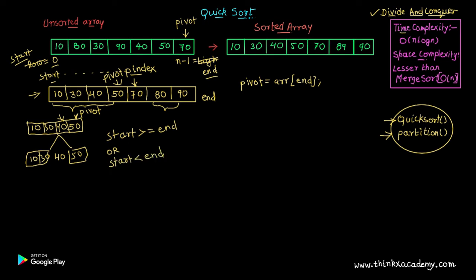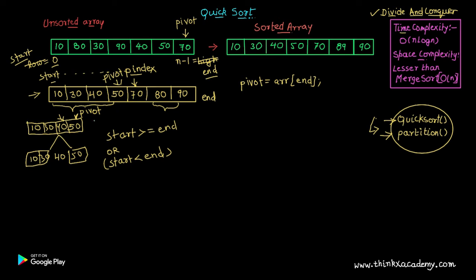If the value of start is less than end, then we are going to run this quicksort function, which will call this partition function, and it will keep on partitioning the whole array. And remember, it is not going to do the actual partitioning of the whole array into two subarrays.